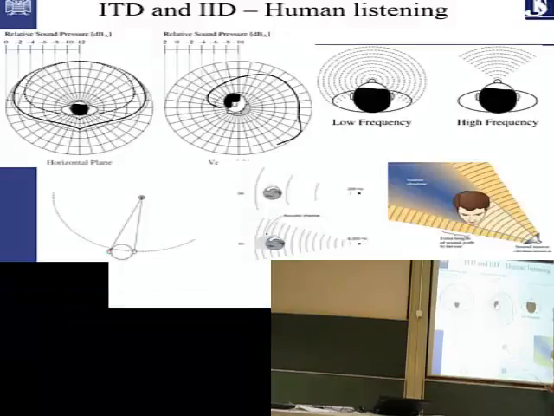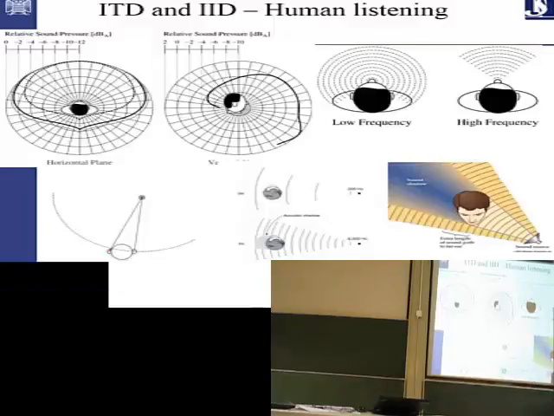But if it's a high frequency, like 6,000 hertz or 6 kilohertz, then it's more localized. It means that the intensity of the signal coming to the right-hand side ear is very high, but suddenly it makes a shadow for the left-hand side, and the intensity in this shadow drops drastically.